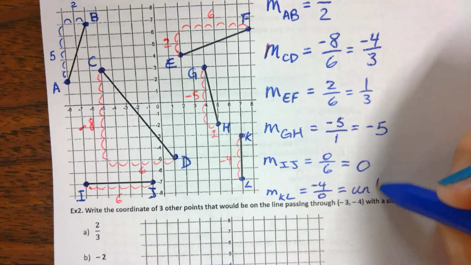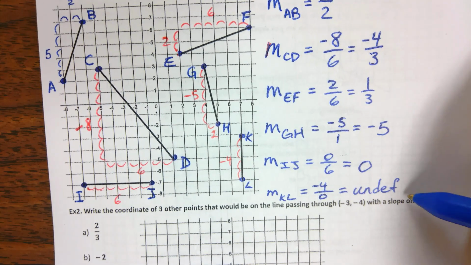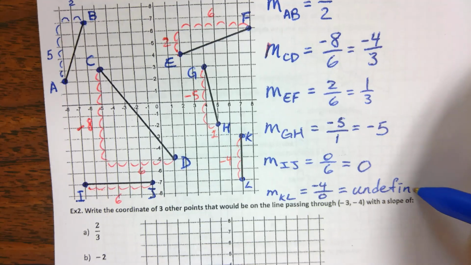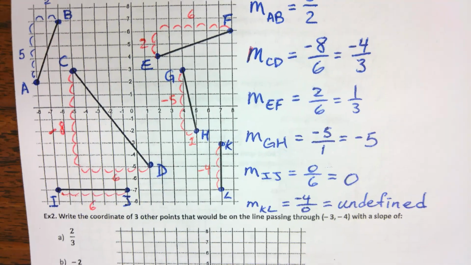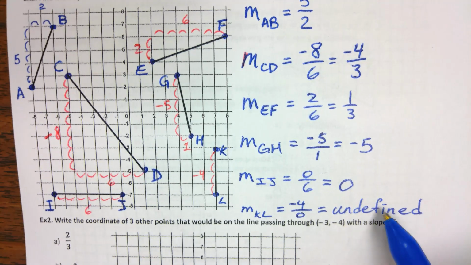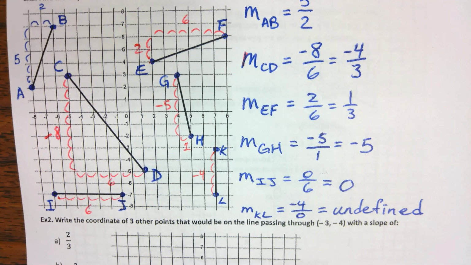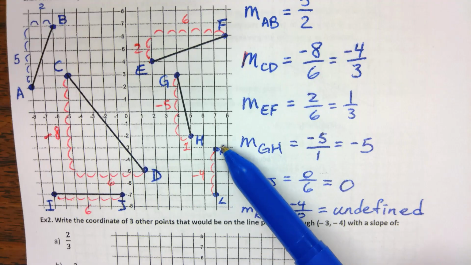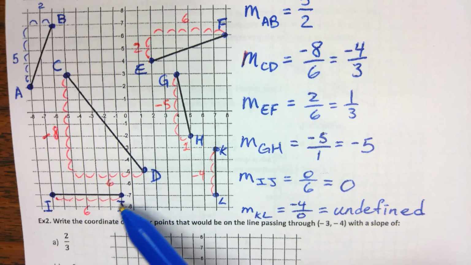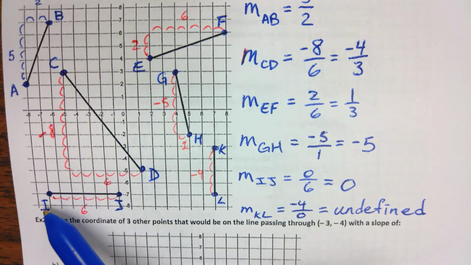Undefined, right? If you try it on your calculator, 4 divided by 0 or -4 divided by 0, you'll get undefined. You'll get an error. Okay, but undefined sounds so much fancier than the word error. It doesn't matter if I put Katie here and Lisa here or Ivy here and James here.